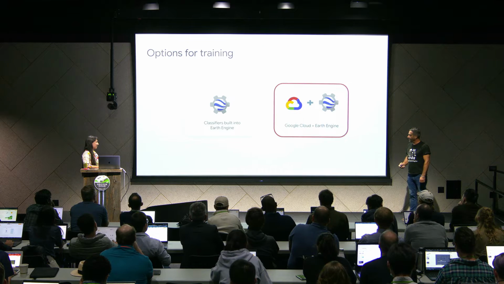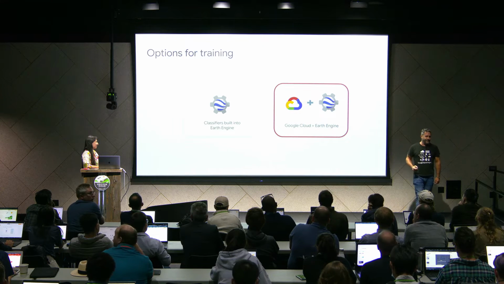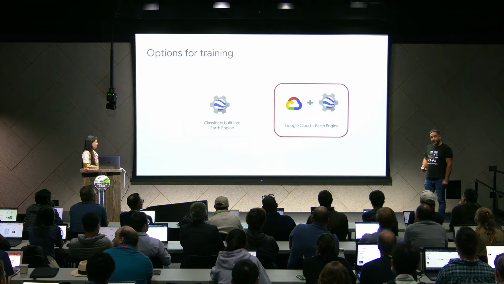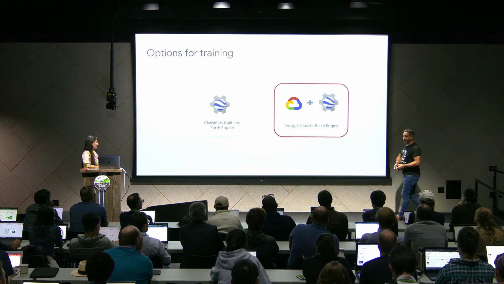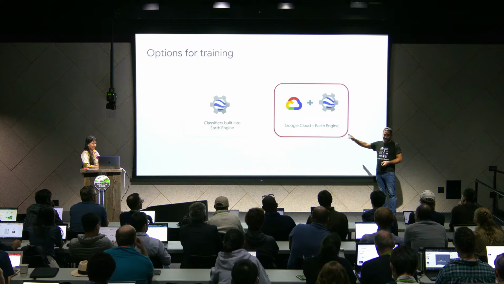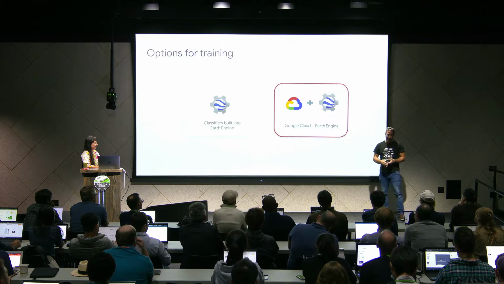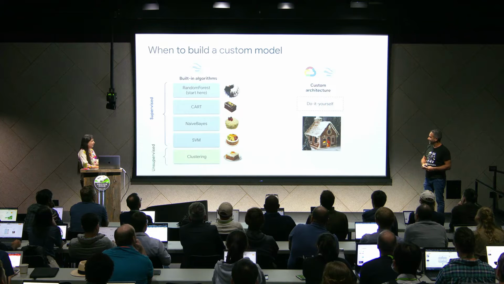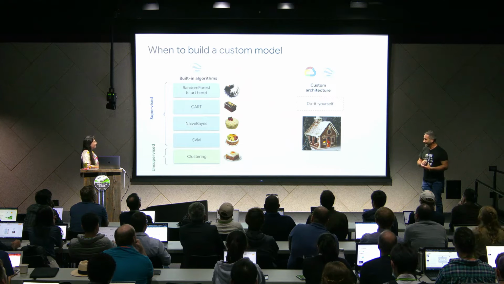These are definitely very easy to use and get running quickly. But there are options for training and predicting in the cloud if your model gets too large or your training data set gets too big.